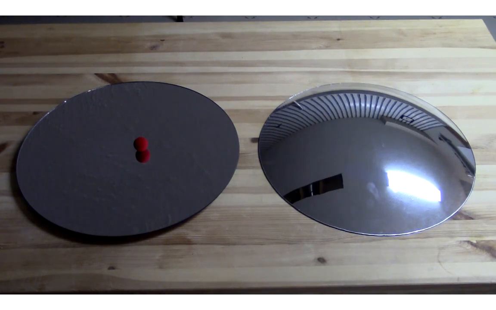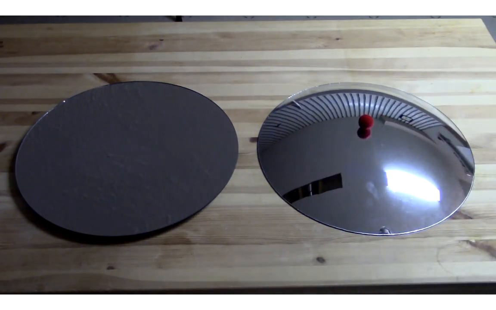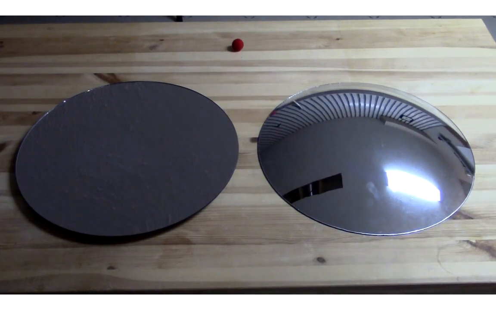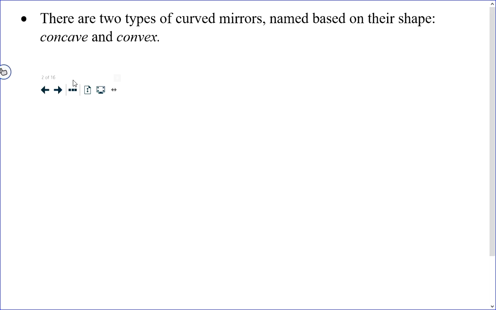When you look at the convex mirror, if I were to take this ball and put it on top of the convex mirror and give it a little nudge, it will roll off. So the convex mirror has a shape that if I were to pour water over top of it right now, the water would drain off. So hopefully that gives you an idea of what we mean when we say that the mirror is concave or convex.